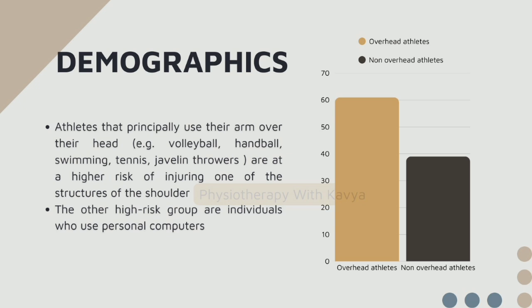This graph has been taken from a research article, and you'll find the links in the description box. So, this graph talks about the incidence of shoulder injuries in college athletes. It's about 60% of incidence in overhead athletes and about 40% of incidence in non overhead athletes.